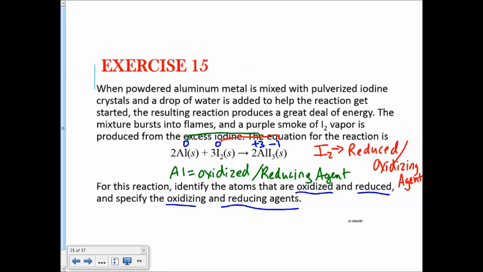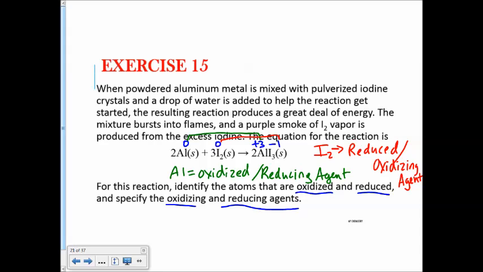Now, if you're looking at exercise 16, there's 2 separate reactions, but we would do the same thing here. We are going to just assign the charges, determine what is being oxidized, what's being reduced, and what the agents are. Now there's just slightly a little difference. In this case, both of our reactants were simple elements, so those are going to be the agents.